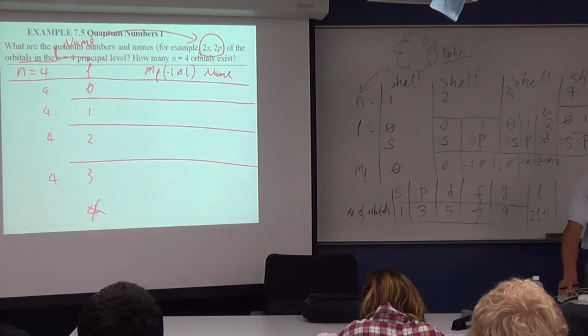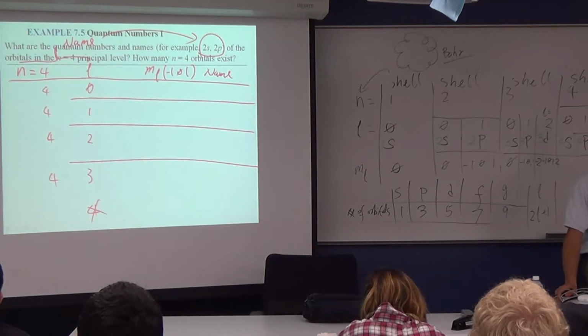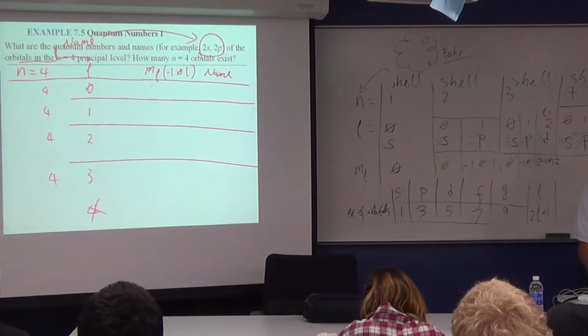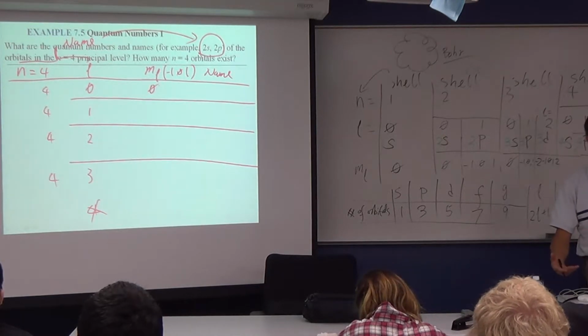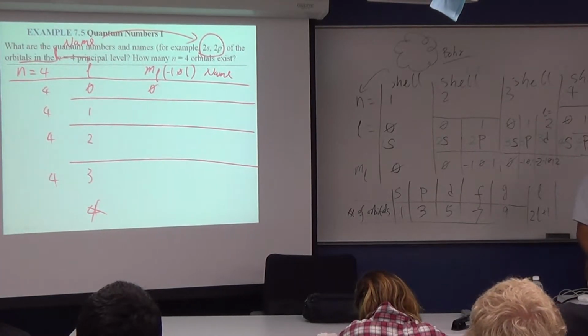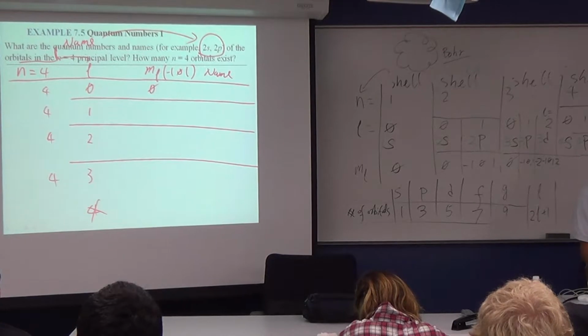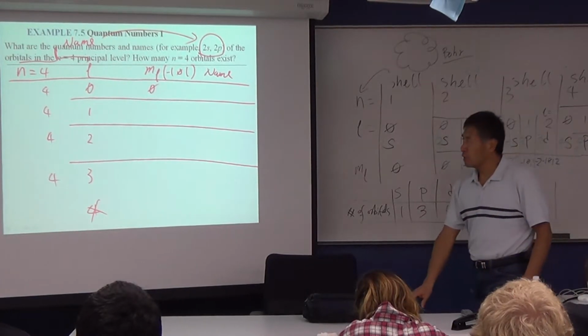So what would be the possible number for the ML if your L is 0? Only 0. Now this one is okay, because that's kind of a one-to-one connection. So you have 1 L and 1 ML. Now the next one is 1.